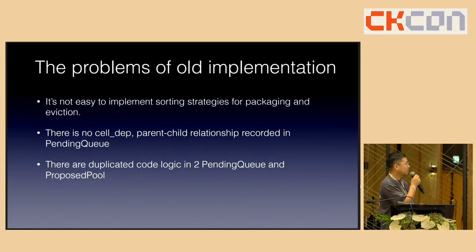And there's no ancestor, descendant or parent-child relationships recorded in the pending queue, but that is very important for replace by fee. There is also some duplicate code for the 3 different data structures. Some functions are hooked up to the push or to the pop, so the code is somewhat complex.